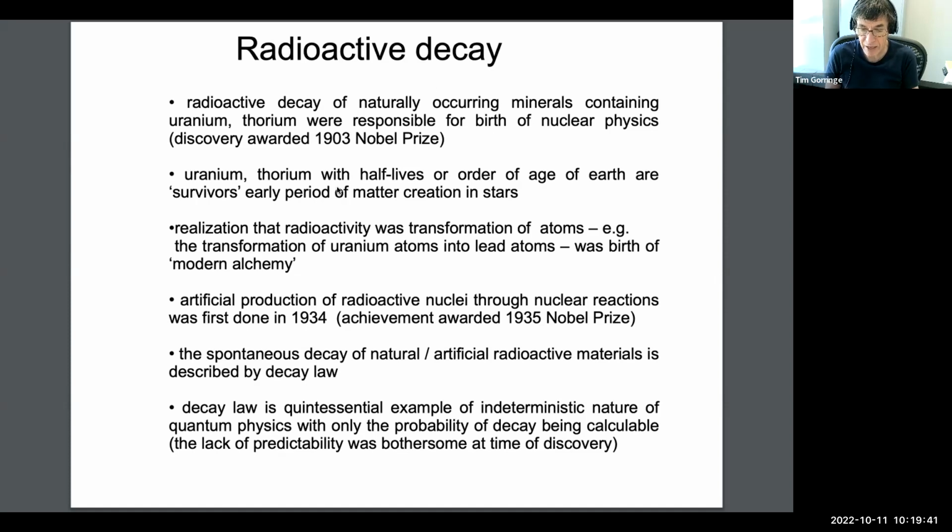That was another big achievement in the history of radioactivity: through nuclear reactions, through nuclear experiments in the laboratory, one could artificially produce new radioactive nuclei that aren't occurring naturally on Earth. That also received the Nobel Prize. The 1935 Nobel Prize was for the production of artificial radioactivity.